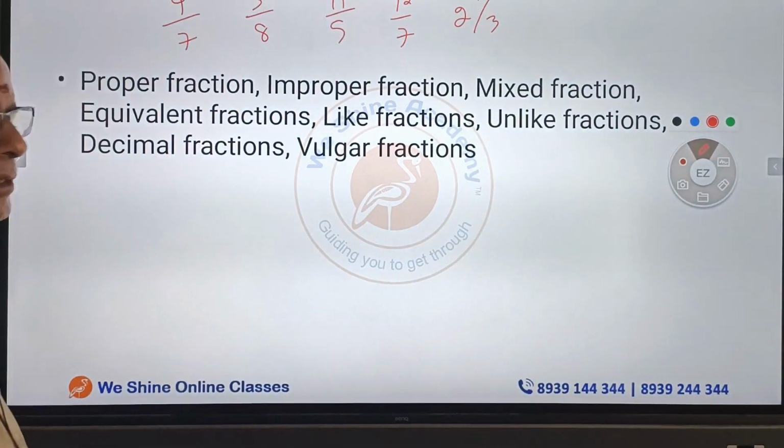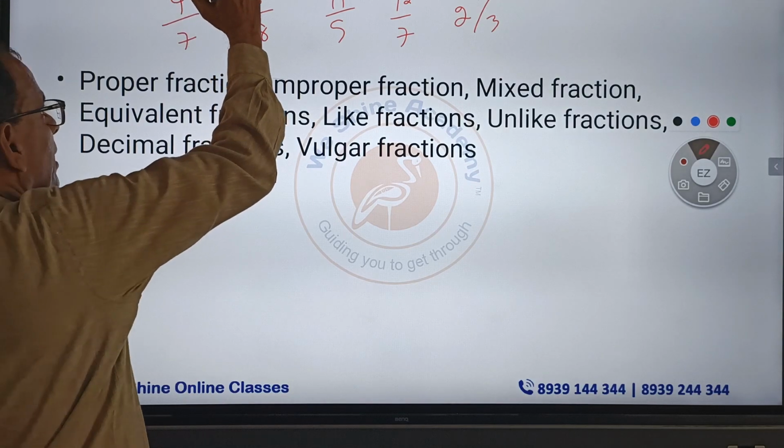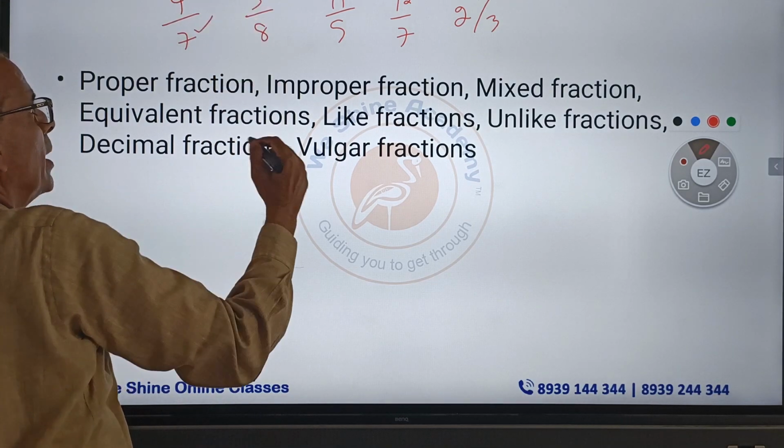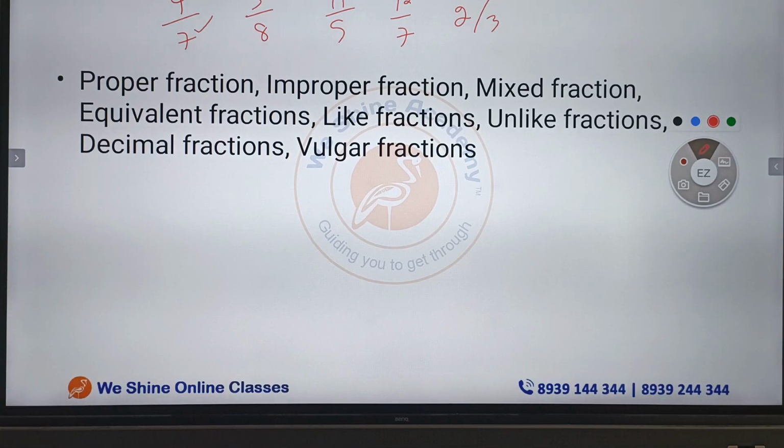These are all called fractions because they are not whole numbers. This is called the numerator, this is called the denominator. Upper portion is numerator, lower portion is denominator.